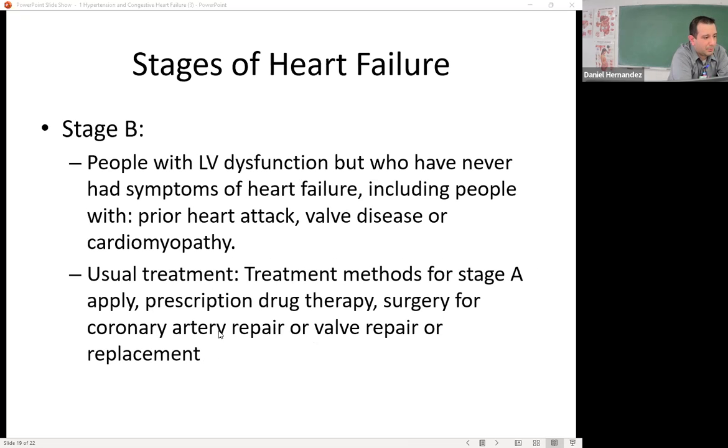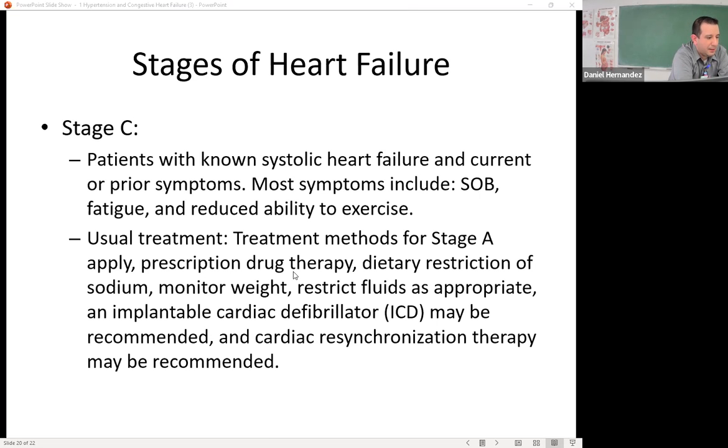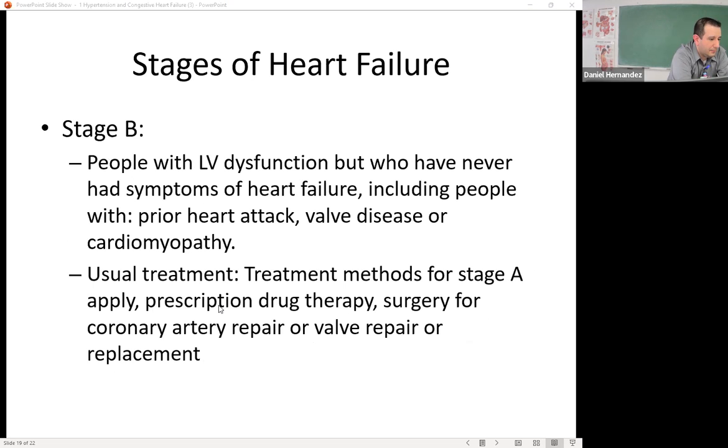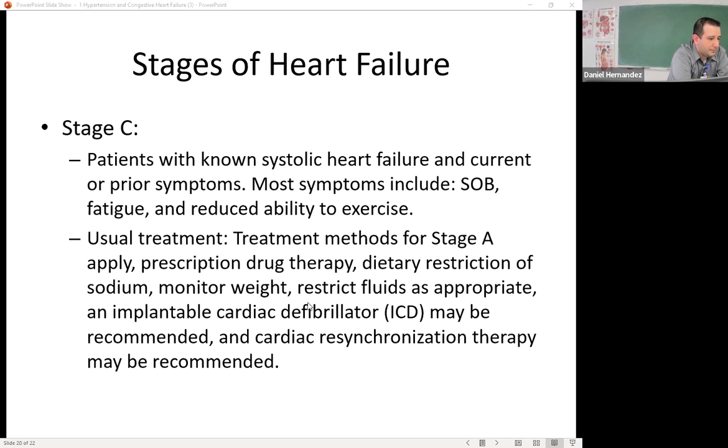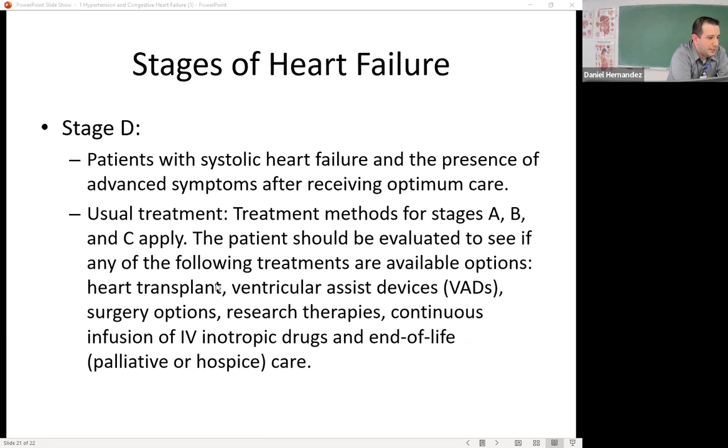Stent placements would be for stage B. So this is more invasive procedures like a defibrillator placement. And then stage D is kind of your end of life.